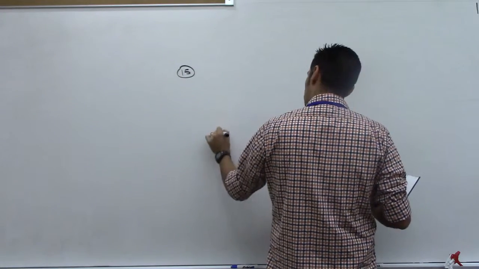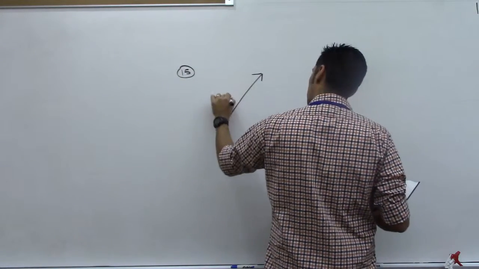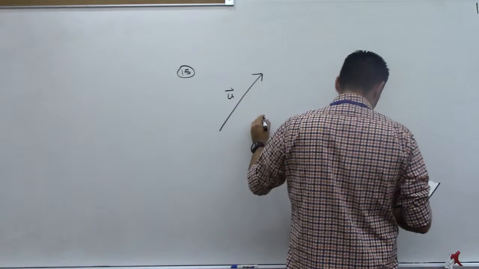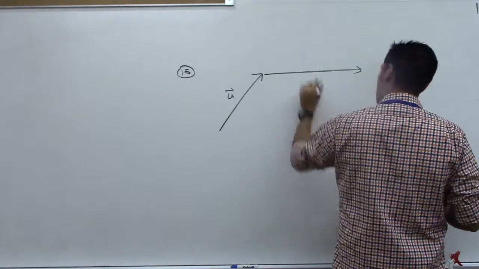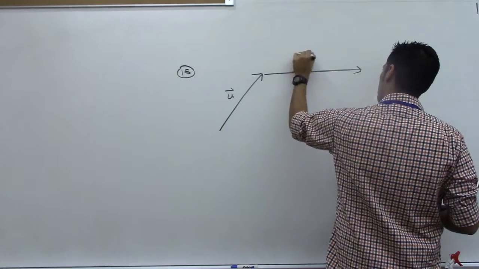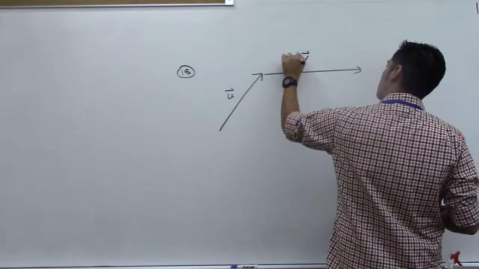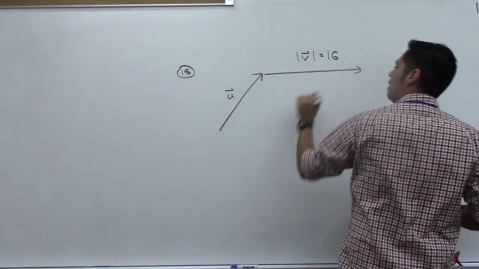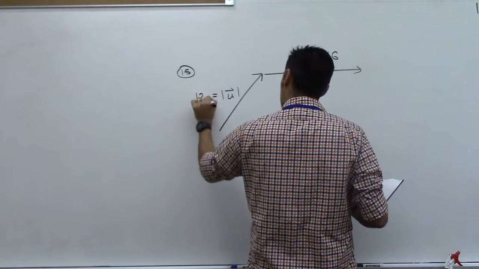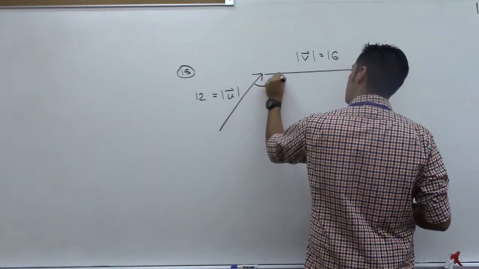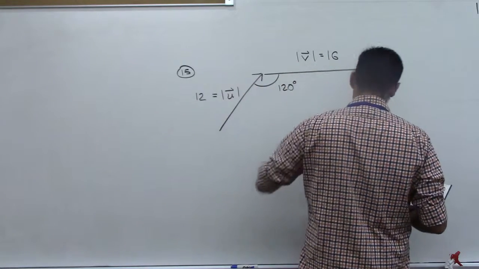Okay, you've got a vector u like this, and you've got a vector v like this. They tell you that the magnitude of v is 16, the magnitude of u is 12, and that the angle between these is 120 degrees.